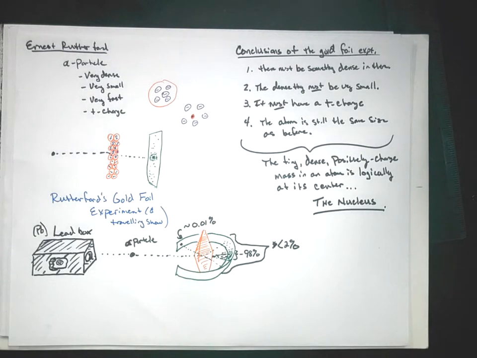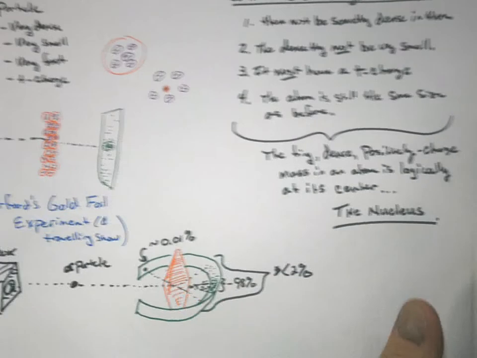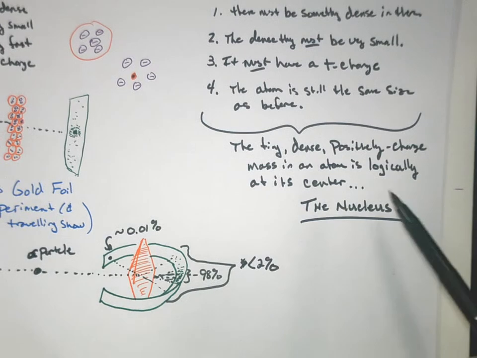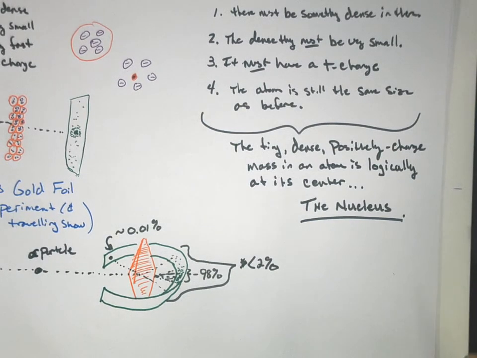And he discovered the nucleus. That is the importance of this particular experiment. So the tiny, dense, positively charged mass in an atom is logically at its center, and it's called the nucleus. He called it the nucleus, similar to how cells have nuclei. Because that was the center of the cell, we call the center of the atom the nucleus of the atom.